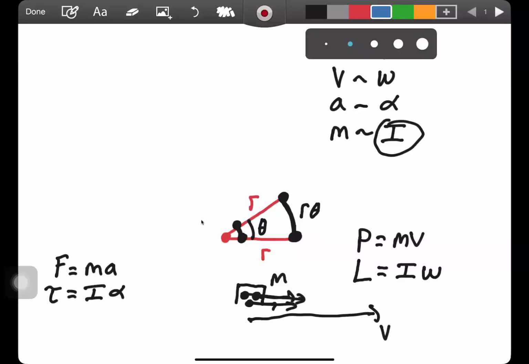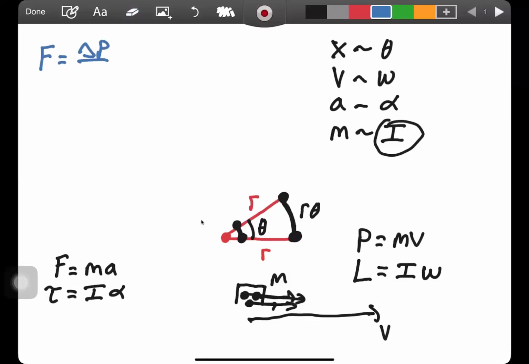So this also means, since force equals the time rate of change of linear momentum, I can also say that the net torque is equal to the time rate of change of the angular momentum.